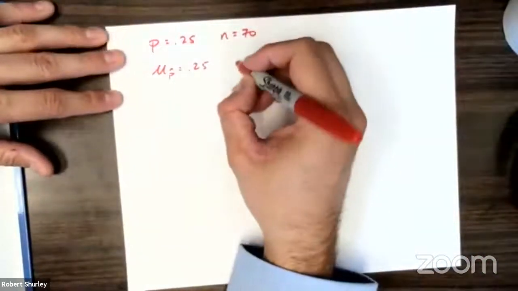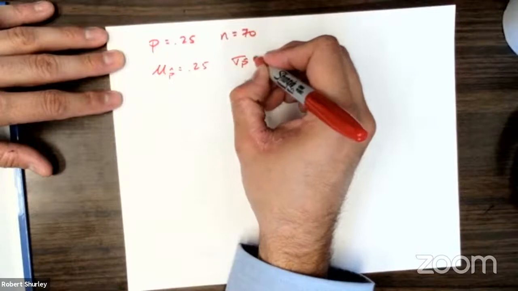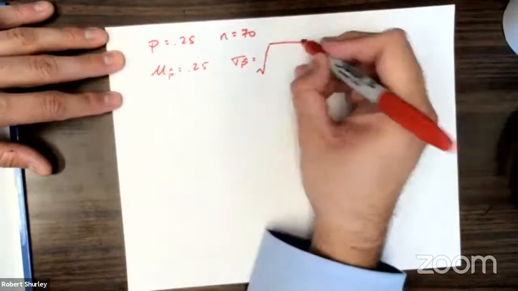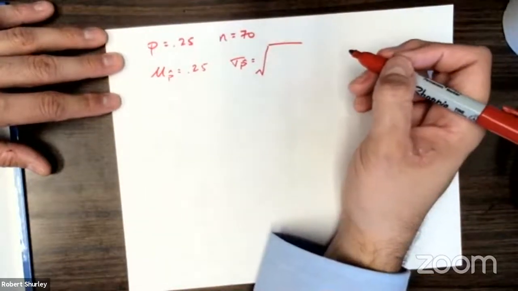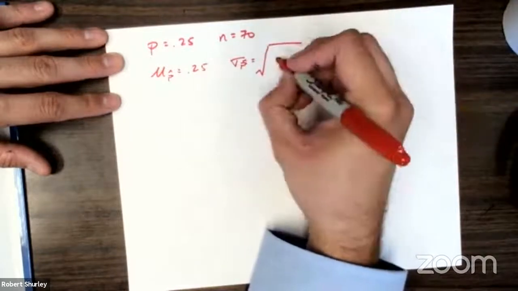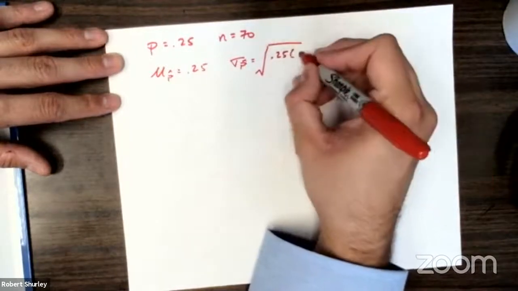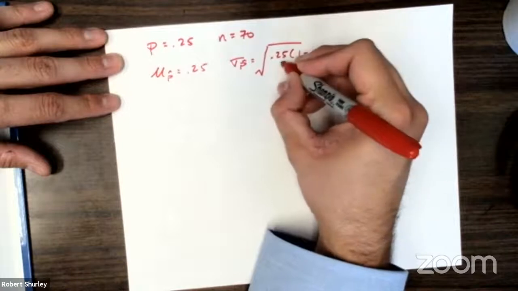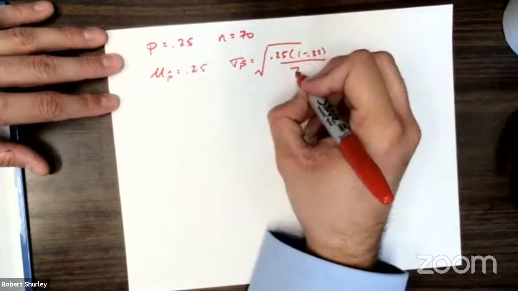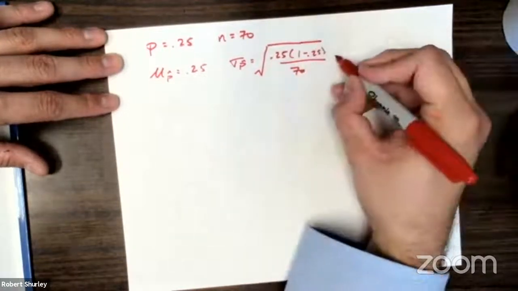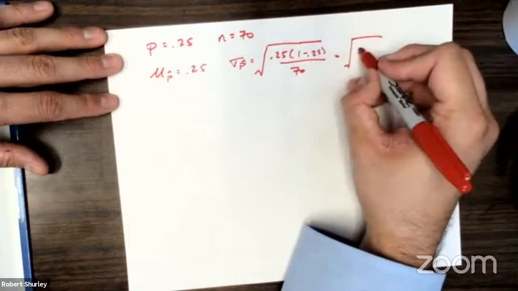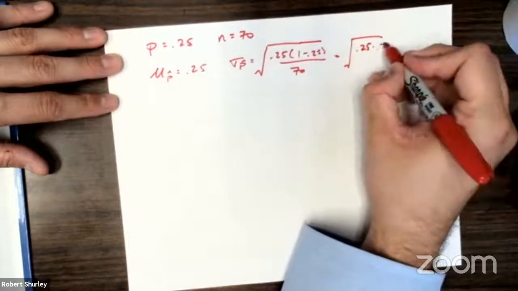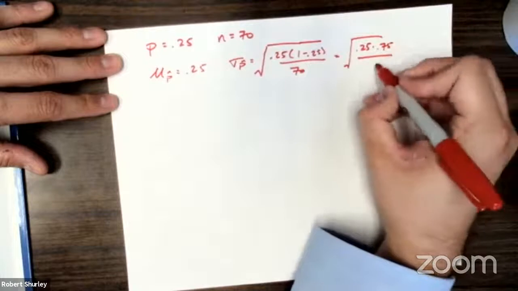And then the standard deviation, though, we got to do a little math for. So it would be the square root, and I'm going to do that same formula from before. So p hat 0.25 times 1 minus 0.25 all over 70. So we get the square root of 0.25 times 0.75 all over 70.